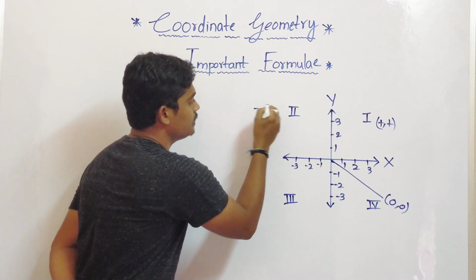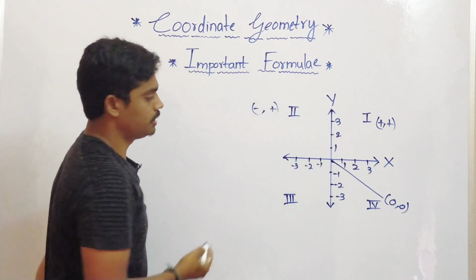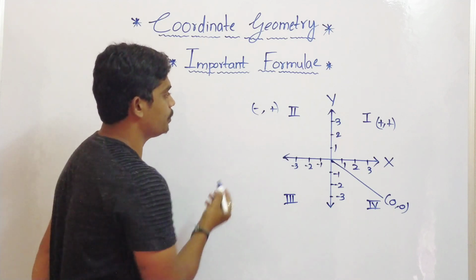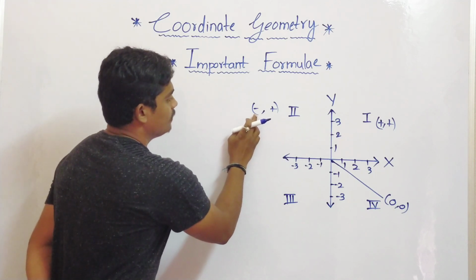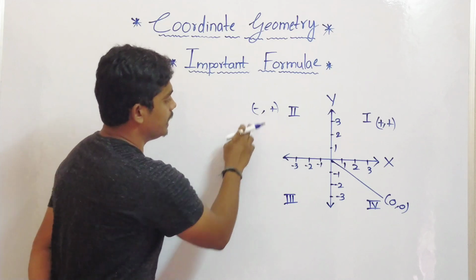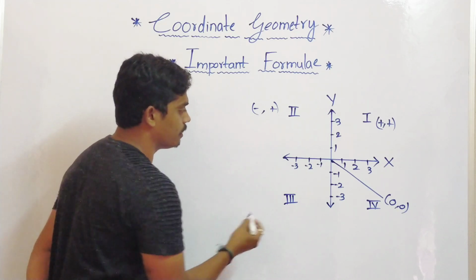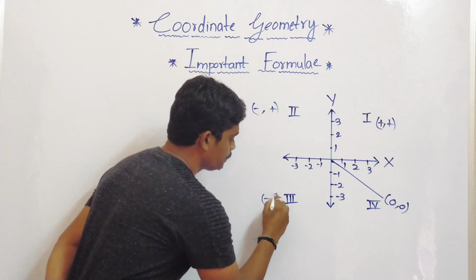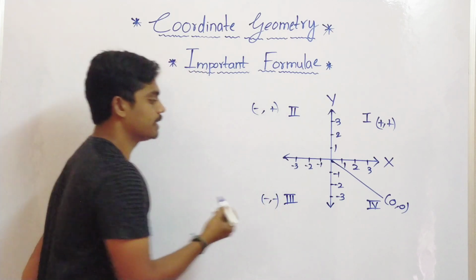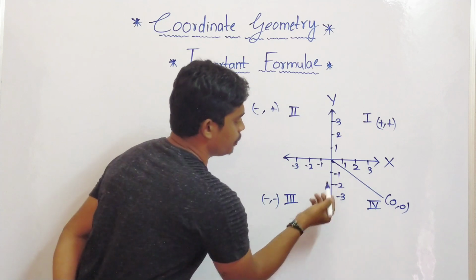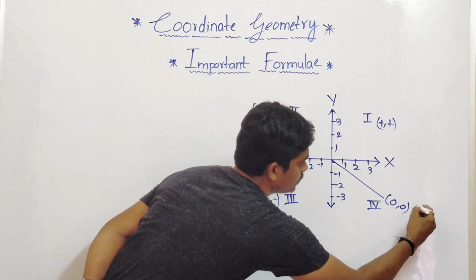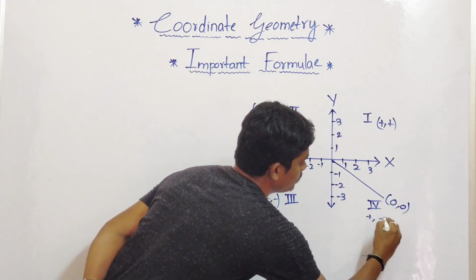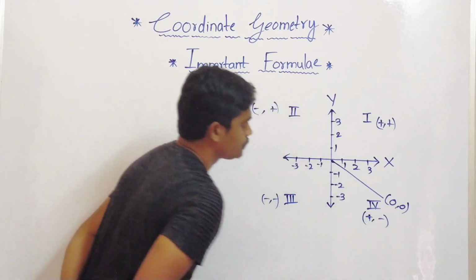So in the second quadrant, the points have a negative x coordinate and a positive y coordinate. In the third quadrant, both are negative, so here negative, negative points occur. Here the x coordinate is positive and the y coordinate is negative, which is plus, minus.